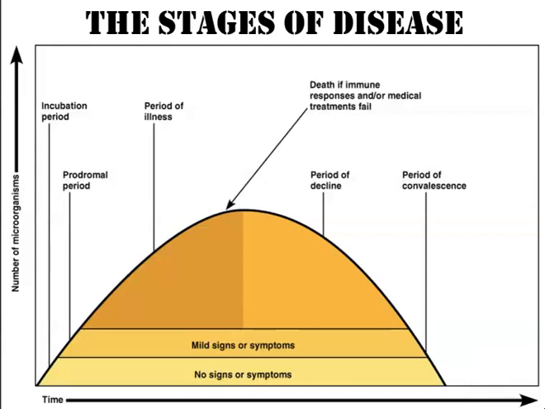Nakuha nyo ba? So again, incubation period, ito equivalent sa lag phase sa bacterial growth curve. Now, kaning prodromal and period of illness, part siya ng logarithmic phase. Ang prodromal nasa early logarithmic phase, ang period of illness nasa late logarithmic phase. Okay? And then, pagdating dito sa top, yung stationary phase, dito actually pwedeng mag-progress to death pag hindi napatreat.